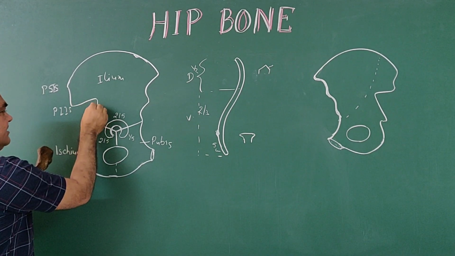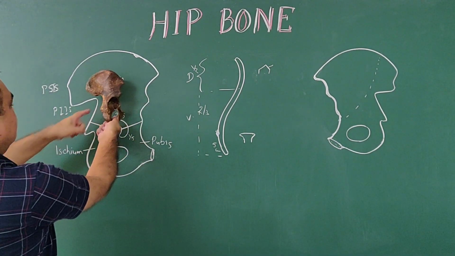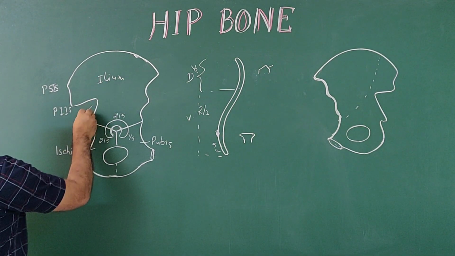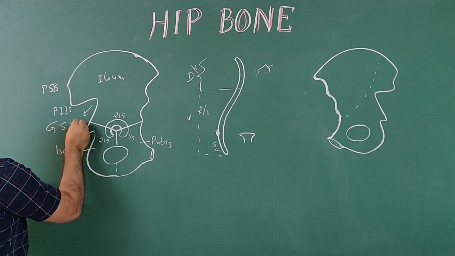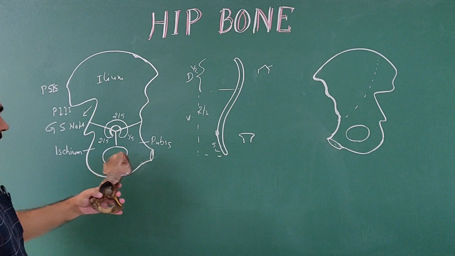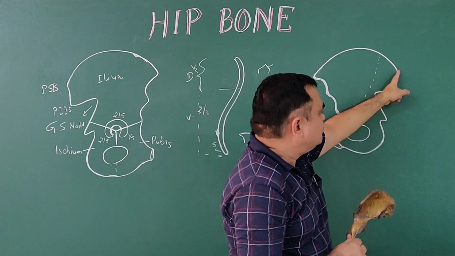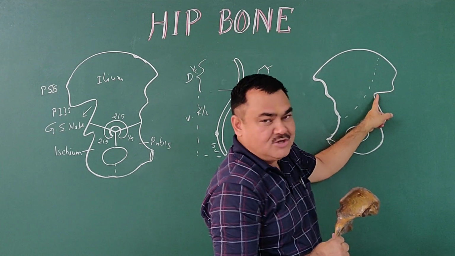And here is the greater sciatic notch. So it has the anterior border, the posterior border, the posterior superior iliac spine, the posterior inferior iliac spine, and the greater sciatic notch.